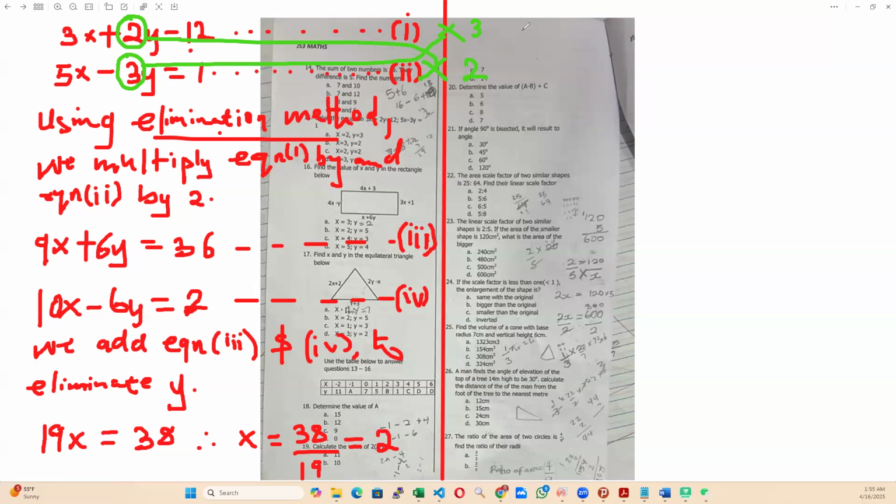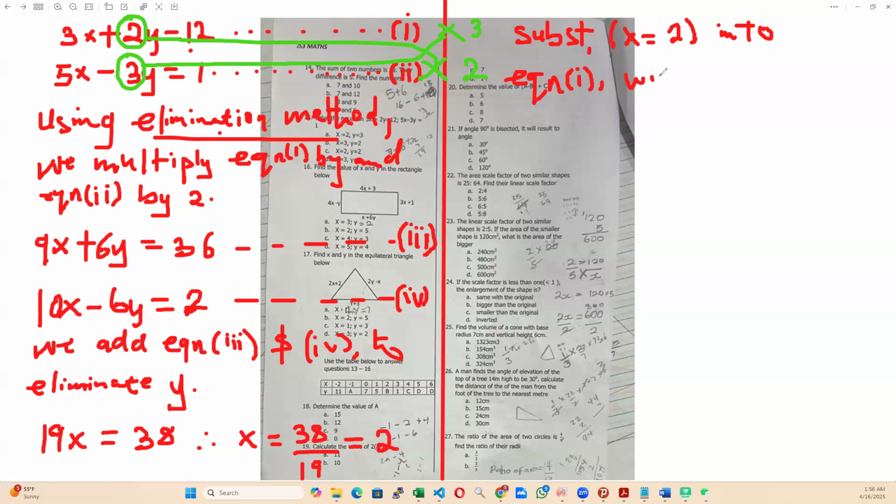So we're going to substitute x equal to 2 into any of the two equations above. Substitute x equal to 2 into equation 1.